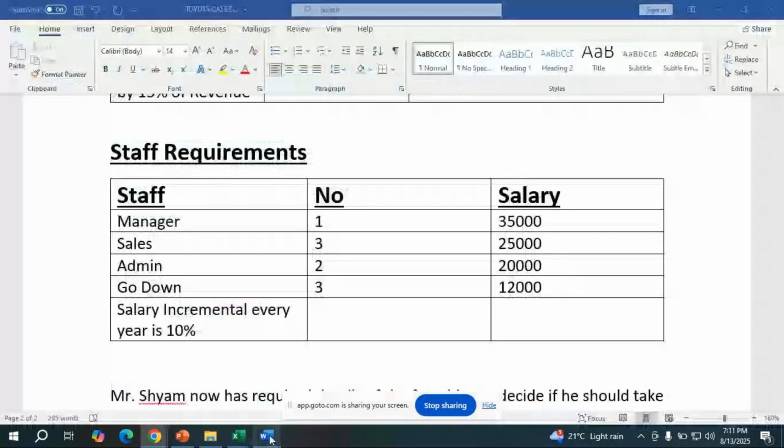So the next, staff requirements, very important. We require a manager to run this business. One manager is required, and for him the salary per month is 35,000.